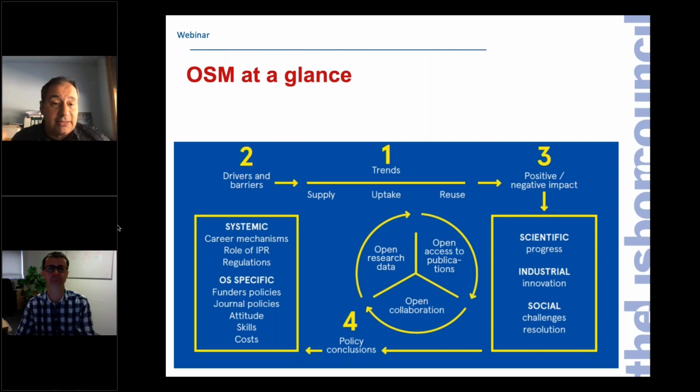We do know that open science is heavily influenced by drivers and barriers connected to how the scientific process and the academic career works. In particular, career mechanisms overly emphasize publication versus other forms of scientific output, such as data sets and software.